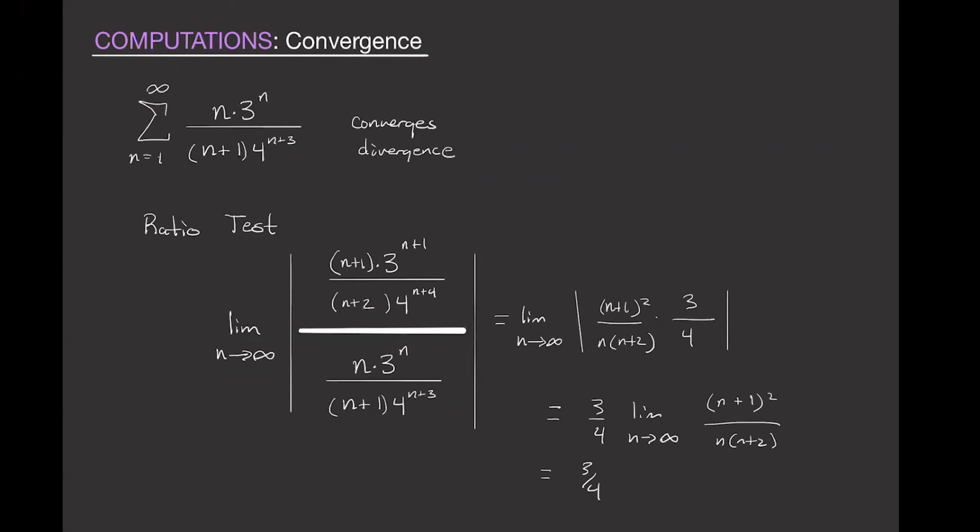This is 3/4. That's less than 1. If it's less than 1, this limit of the ratio, then we have that it converges. So this is a convergent series. Converges by the ratio test.